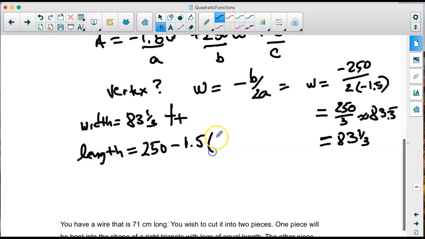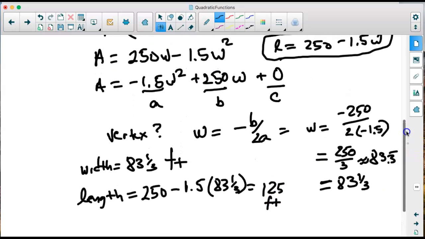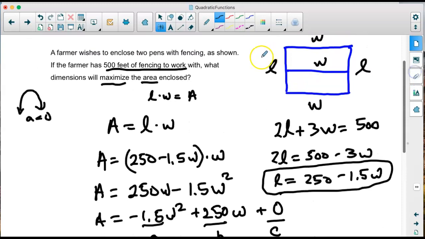Okay, that's going to be 125. So basically, we have 125 here and here, and 83 and 1/3 here, here, and here.